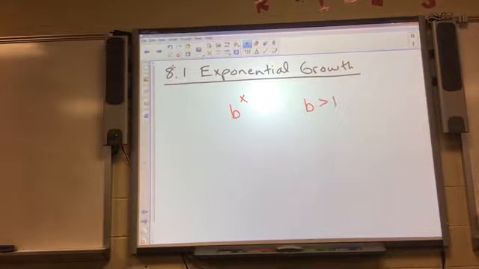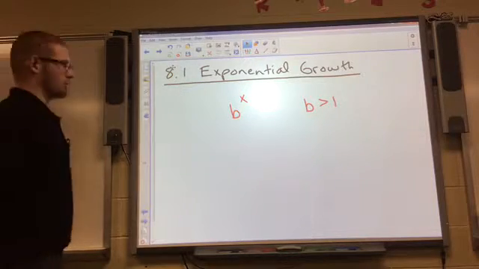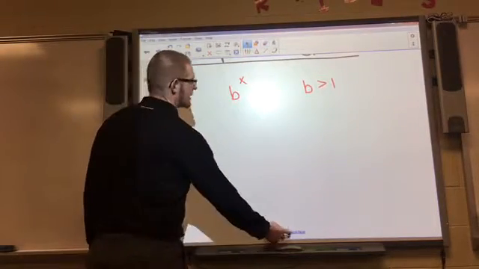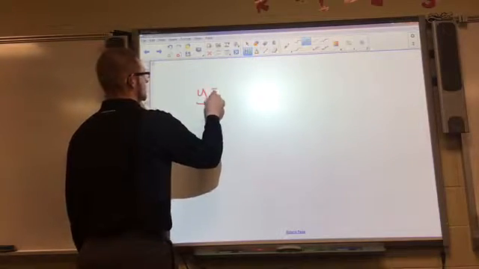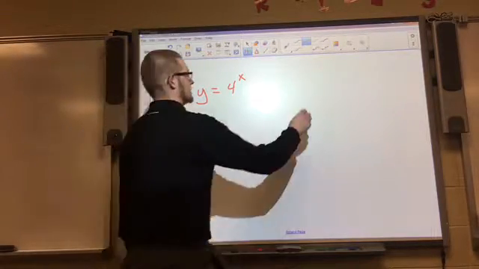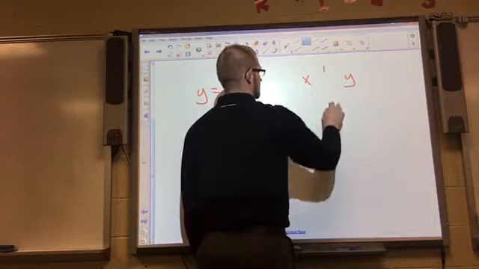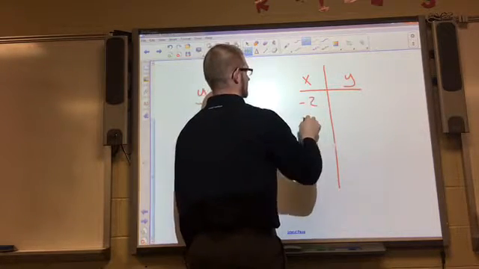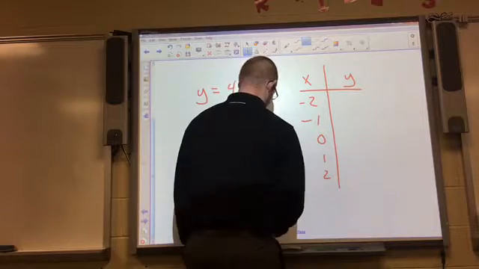When you graph these, I'm not going to go through a lot of graphs with you. Make an XY chart and plug it in, just like you did yesterday on your test. Did that not work out well, or why? So if I gave you y equals 4 to the x, you pick your x values and plug in -2, -1, 0, 1, and 2.